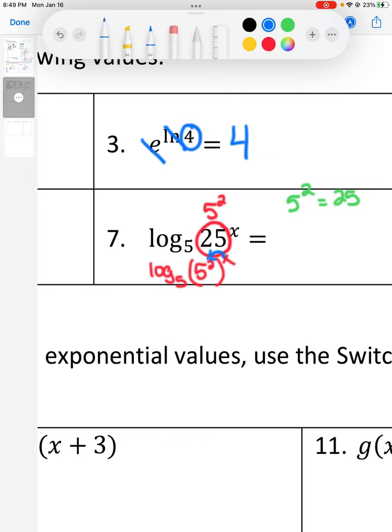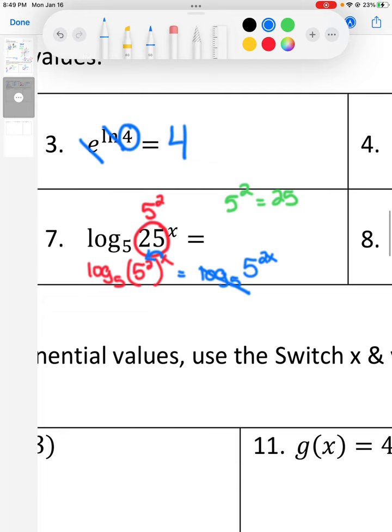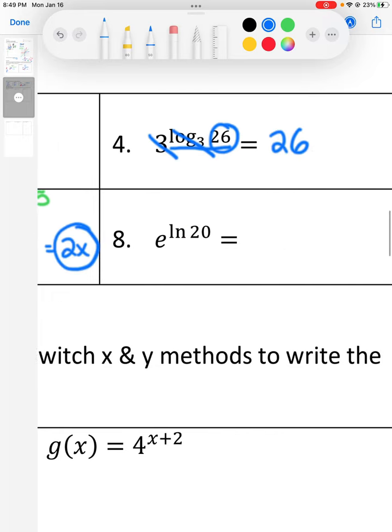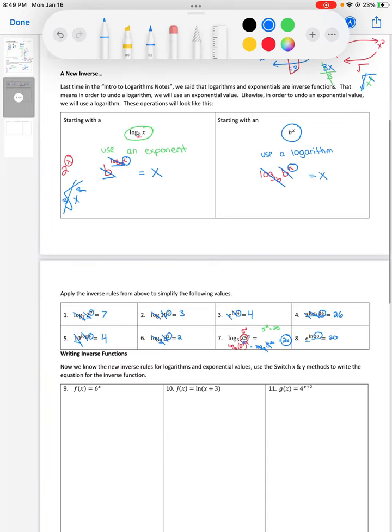I multiply them together, right? Whenever we have anything in parentheses, we multiply the exponents. So I have log base 5 of 5 to the x, right? x times 2 is just 2 times x. Those cancel out, so my answer actually is 2x. Okay, last one, same base, so my answer is 20. Okay.